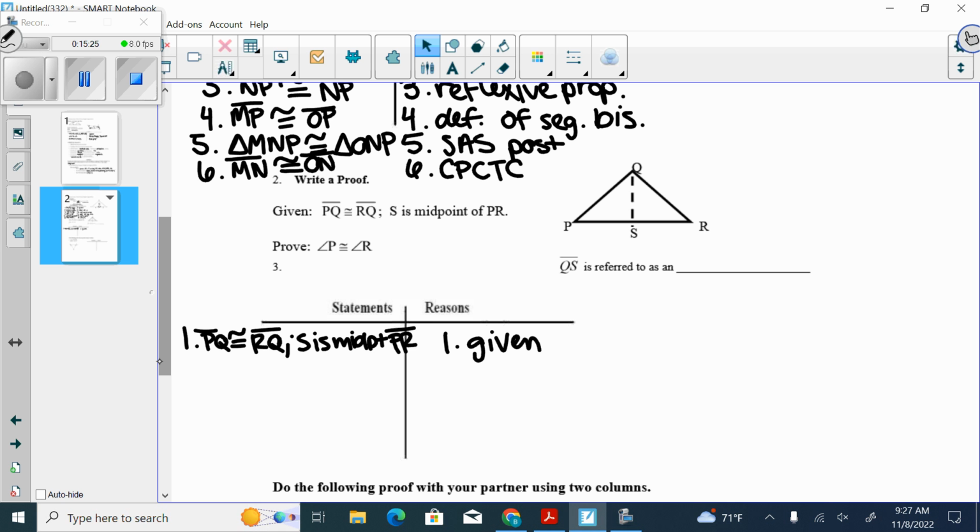Alright, so I'm going to go over here to my drawing and mark all that information down. So PQ, this segment here, is congruent to RQ, this segment over here. And S is the midpoint of PR. So what does that mean?